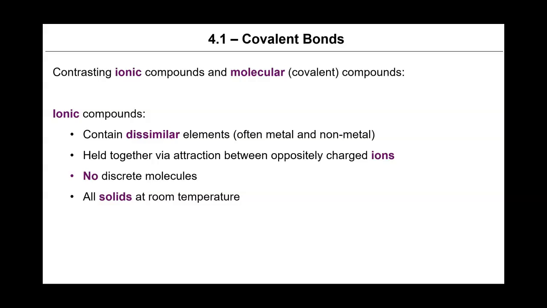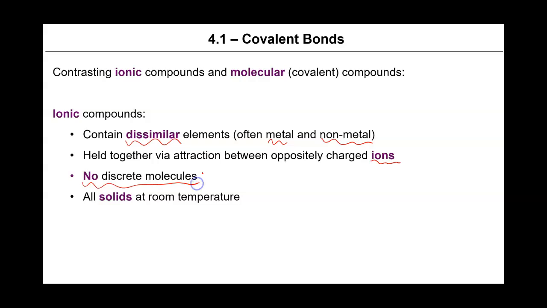So perhaps we can contrast ionic compounds and molecular compounds in terms of some of their bonding patterns and also in terms of some of their physical properties. Ionic compounds contain elements that are very different from one another, elements that are on completely different sides of the periodic table. Most commonly it's a metal with a non-metal. And what holds these together is the attraction between oppositely charged ions, the attraction between cations and anions.